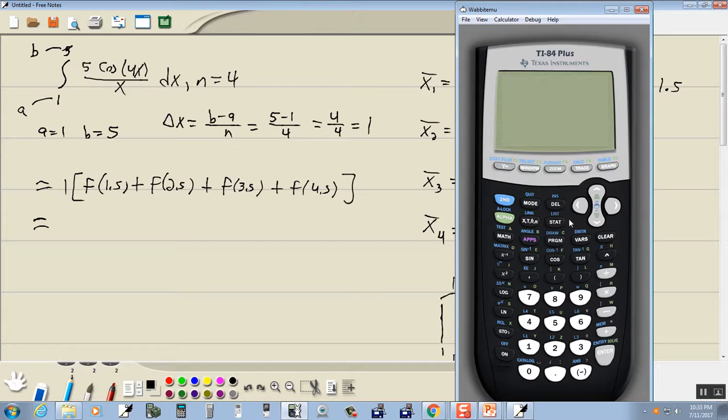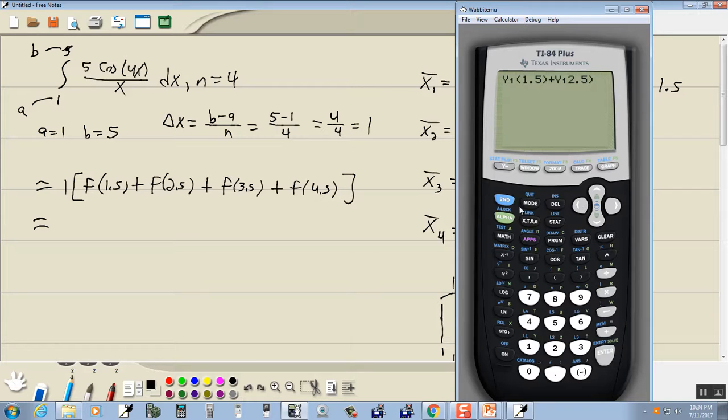Now that you put that into your function, you can go into your vars, right arrow to y vars, choose function, and choose y1, do a beginning parentheses, 1.5, close parentheses, plus, go into vars, choose y vars, function, y1, 2.5.